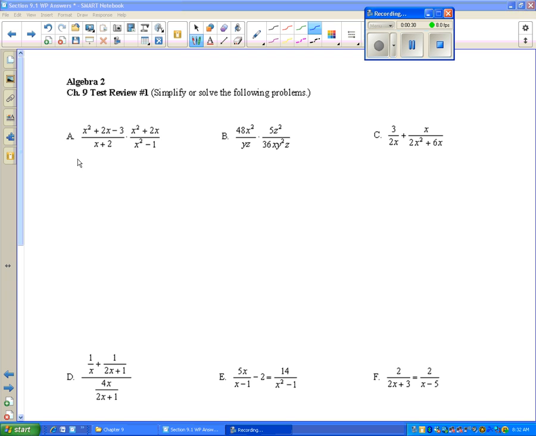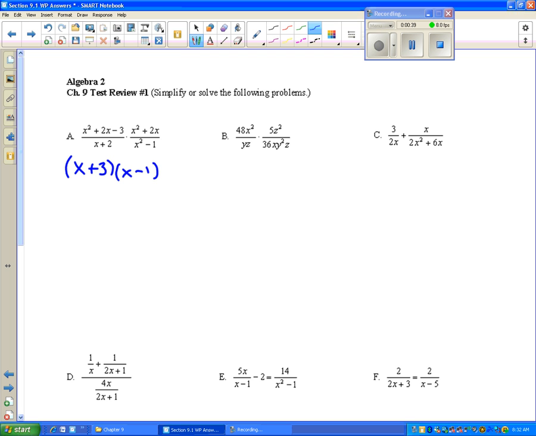X squared plus 2x minus 3 will factor into x plus 3 times x minus 1, times x squared plus 2x will factor into x times x plus 2, divide by, this is an x plus 2. X squared minus 1 is x plus 1 times x minus 1.